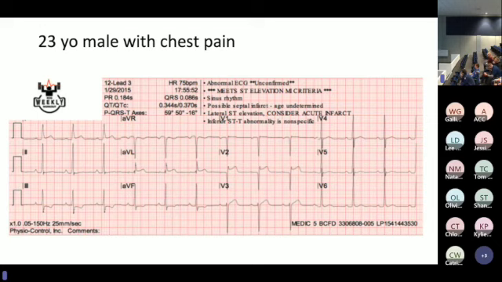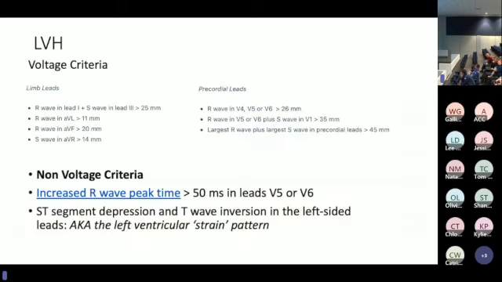With this case, what they did was serial ECGs and serial assessment, and the patient didn't really seem to fit the ECG, and they did an echo and found out that they had a big left ventricle. I won't go into the details, but it's just a little revision of LVH criteria. Okay, any questions about that one? You'd be nervous though, wouldn't you? I think an echo is key.